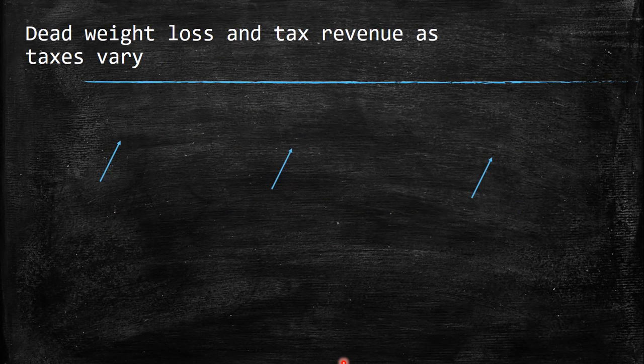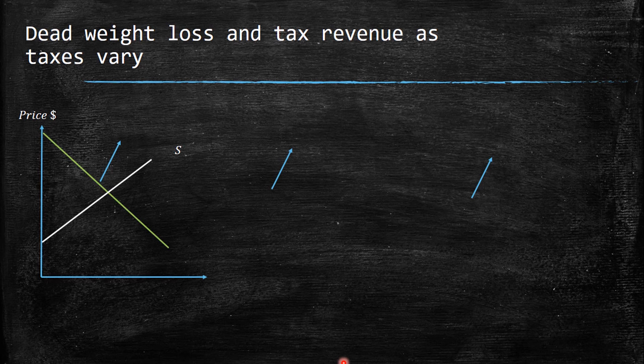Here we're going to have a little example depending on the burden of the tax. The higher it is, the higher the deadweight loss that we will face. So here we have a market. We have supply, demand, and P1 and Q1, the equilibrium conditions of the market.